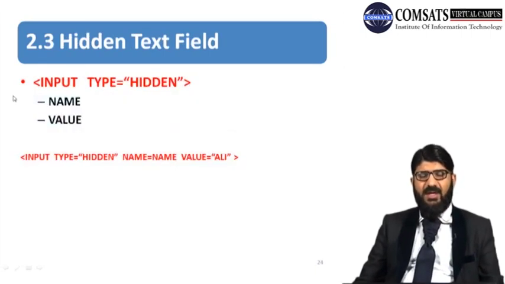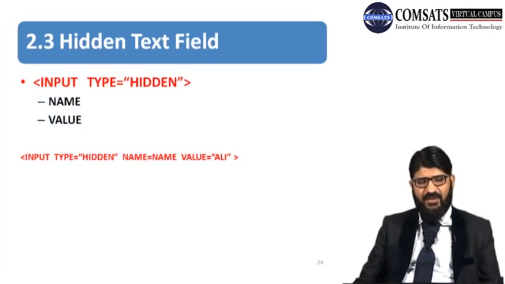Now moving towards the next form element. This form element is the hidden text field. Input type is hidden. It has two concepts, name and value.